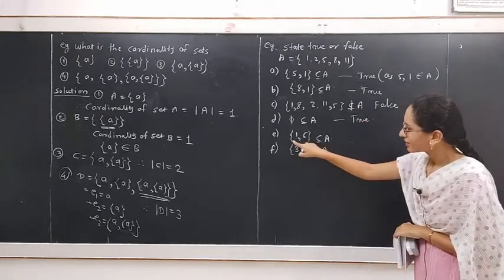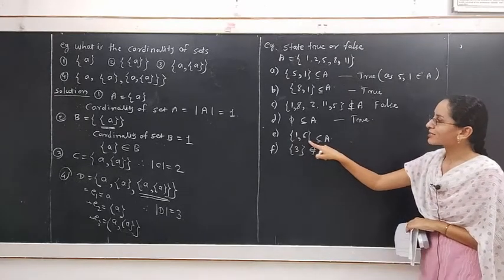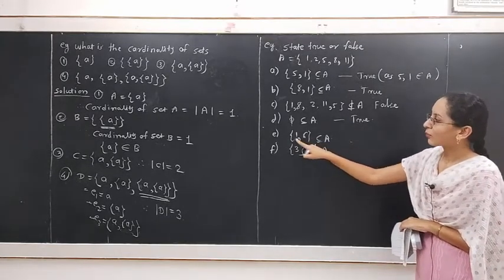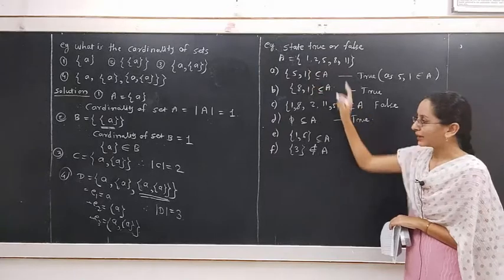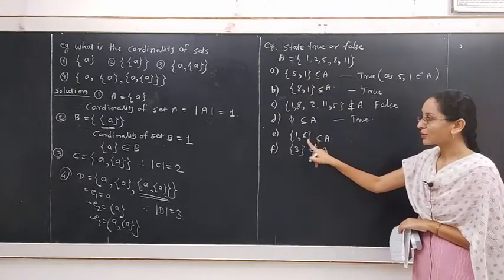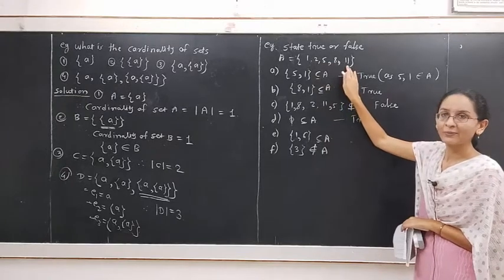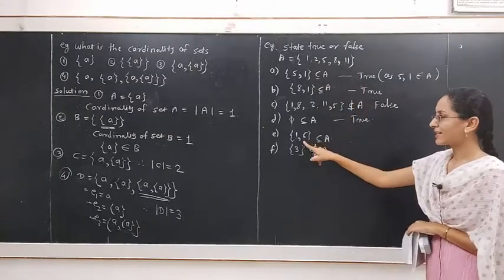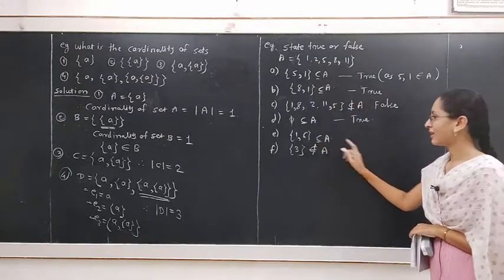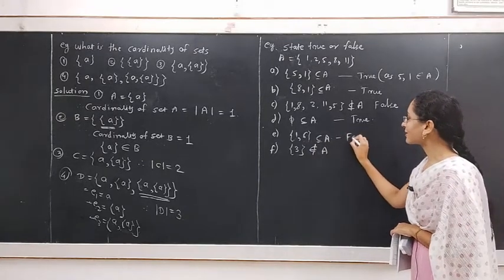In part E, this set consists of 2 elements, 1 and 6. 1 belongs to set A, but the element 6 belonging to this set is not present in the given set A. Therefore, this set is not a subset of A. This statement is false.